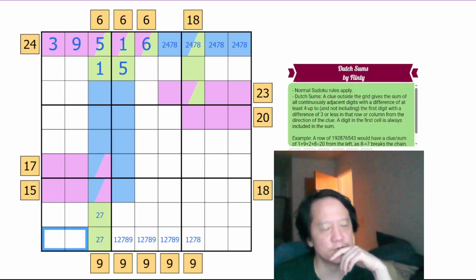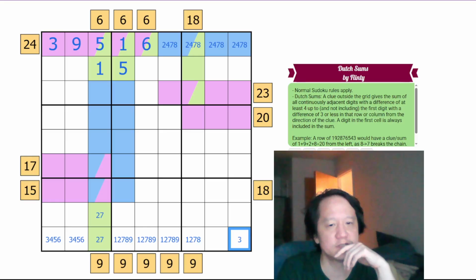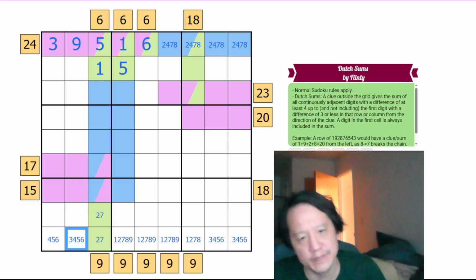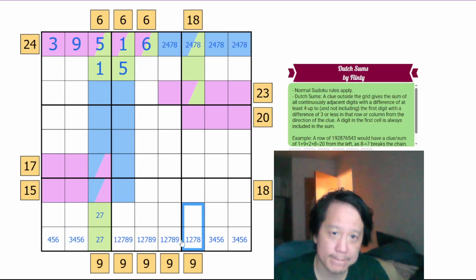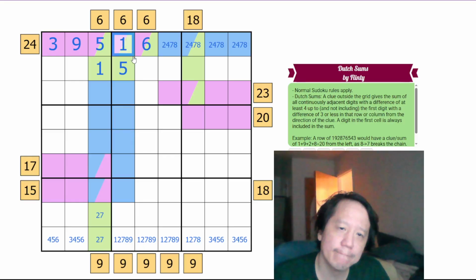Remaining digits in row 9 are 3, 4, 5, 6. This can't be 3 because of 3 in the column. 1 and 5 cannot be here, so this must include 1 and 5 here.